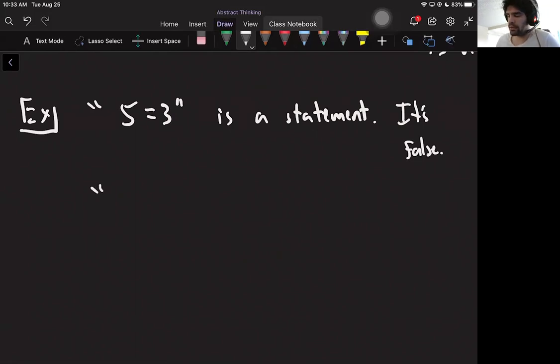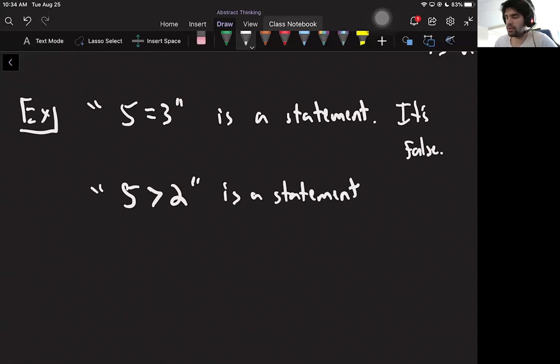And I can do other little things like this. 5 is bigger than 2. That's what that symbol means. This is another statement, even though it doesn't have any words in it, just because it's a relationship between two numbers that is true or false. In this case, it's true.